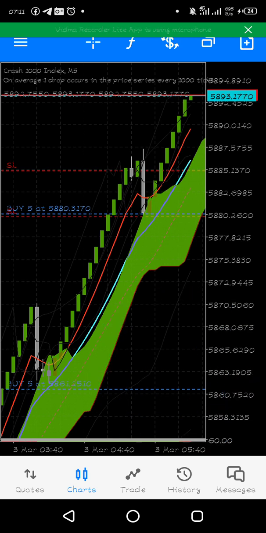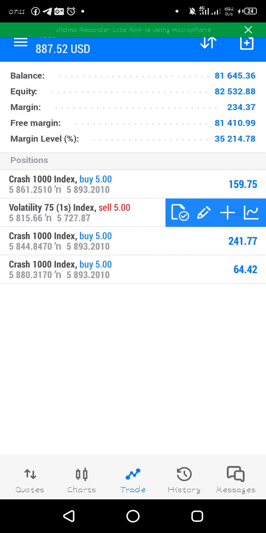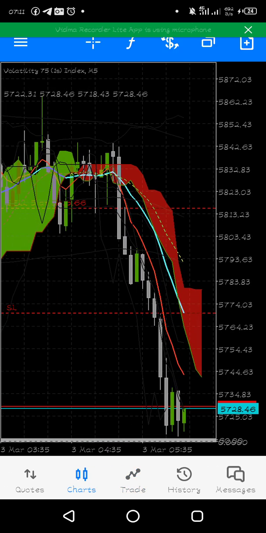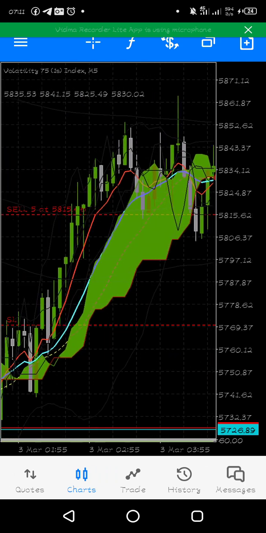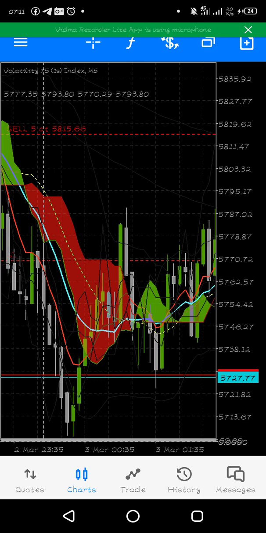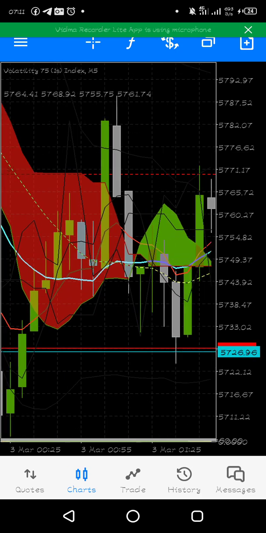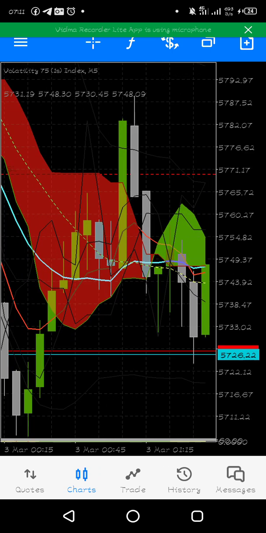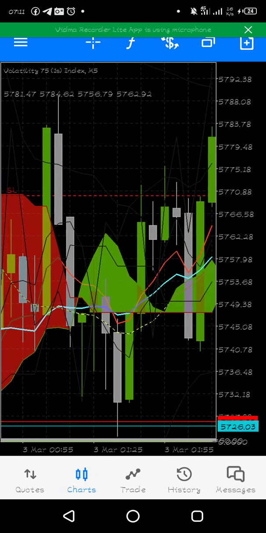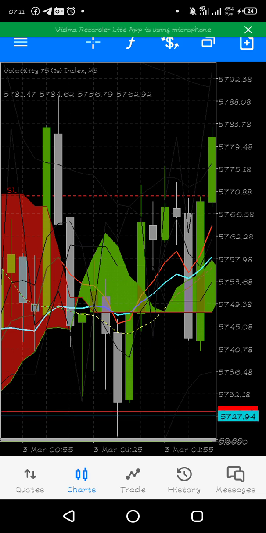Let me go to Volatility 75 for you to see that again. Now, the same thing is happening here. The market breaks around this point. Let's check. If I zoom out, you can see, although the red line was covered by the Ichimoku around here, but as it pulls out here, it has already crossed from this end.